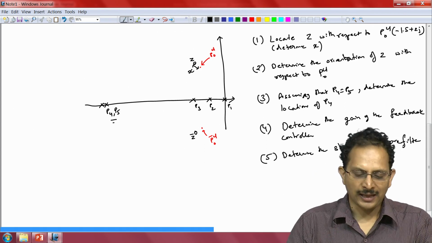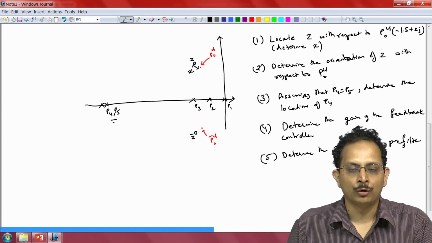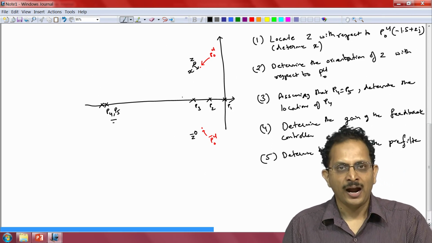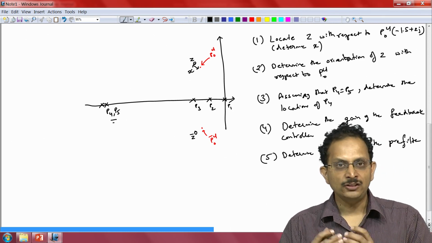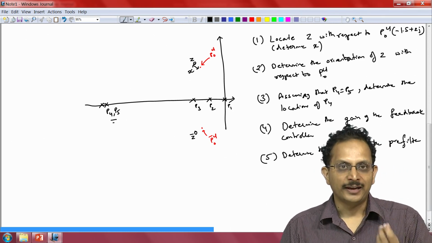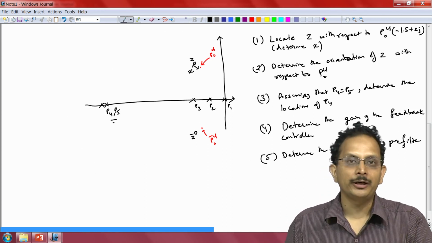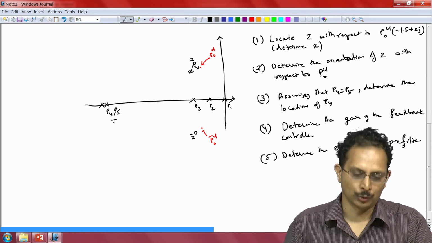Hence we computed the angles subtended by the other poles and zeros of the open loop system, namely P1, P2, P3, Z and Z bar, and equated that to minus 180 degrees. This allowed us to get the angle that the 0 Z had to subtend at the point PCL naught for the point PCL naught to be a point on the root locus.